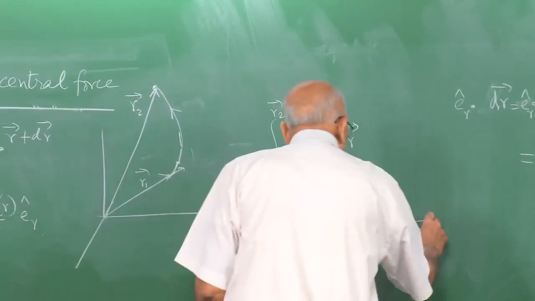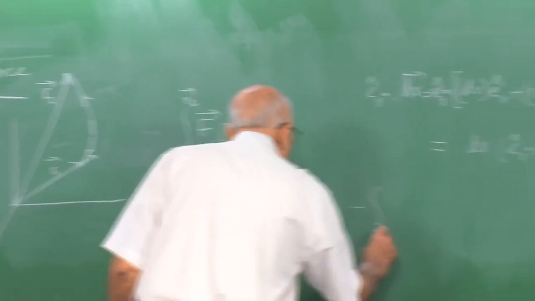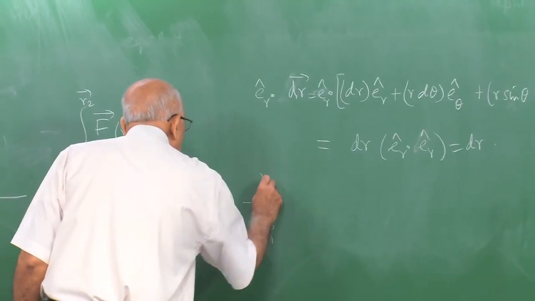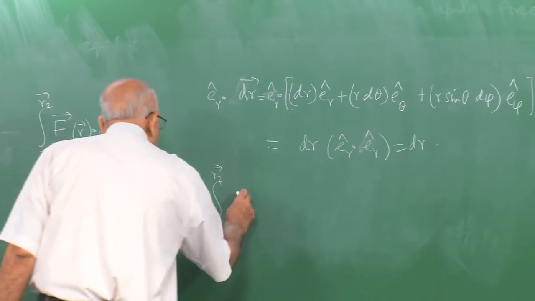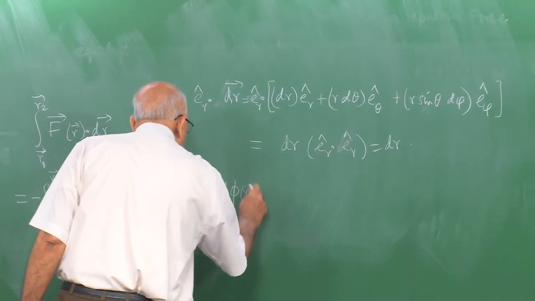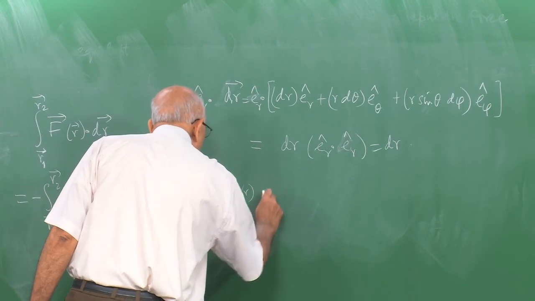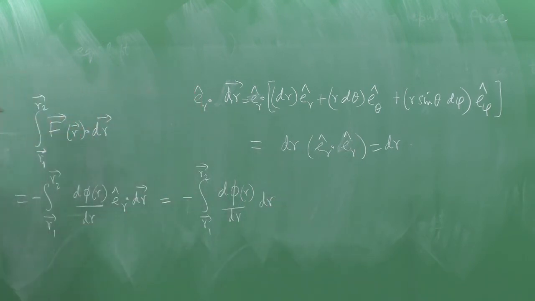So this is just dr, and therefore this reduces to minus the integral from the point r1 to the point r2 of d phi over dr times dr, without any vector signs.